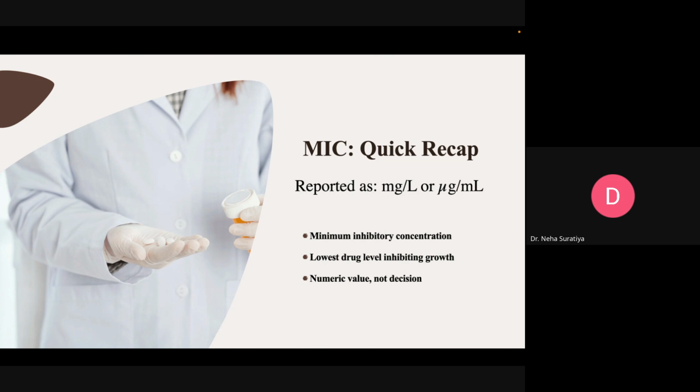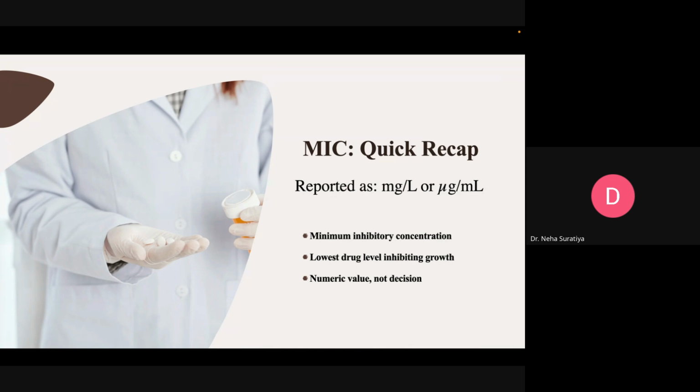This is the lowest possible concentration of an antibiotic that prevents visible bacterial growth, and it is written in the report itself. It is a number, giving you some idea about the decisions you can make related to the dose.